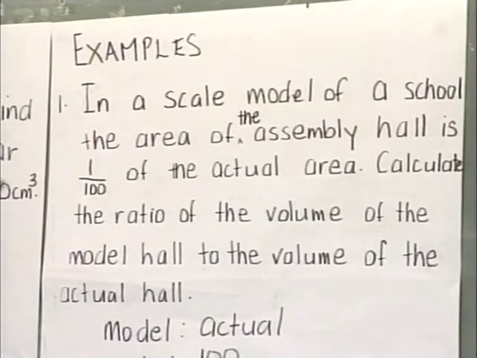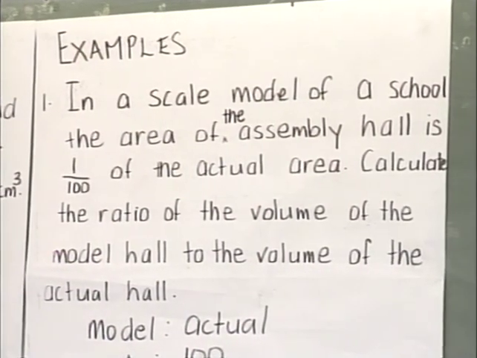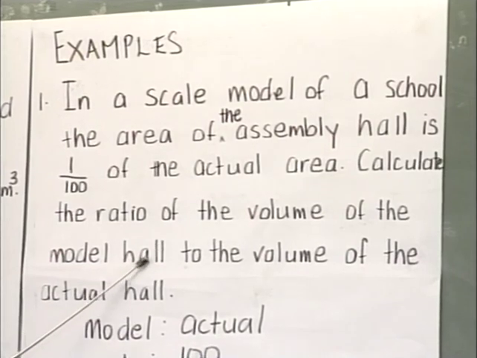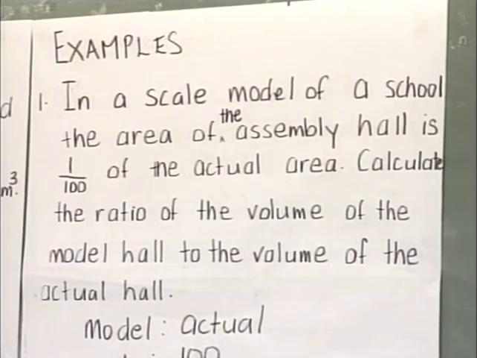All right, in a scale model of a school, the area of the assembly hall is 1/100 of the actual area. And you all know that a ratio can also be written as a fraction. You are asked to calculate the ratio of the volume of the model hall to the volume of the actual hall.